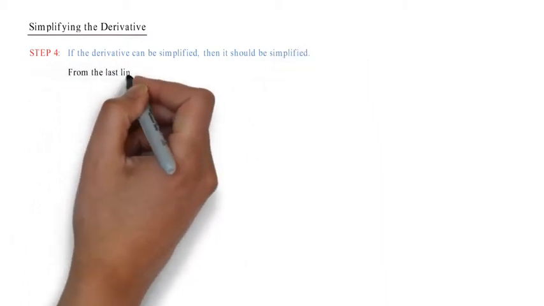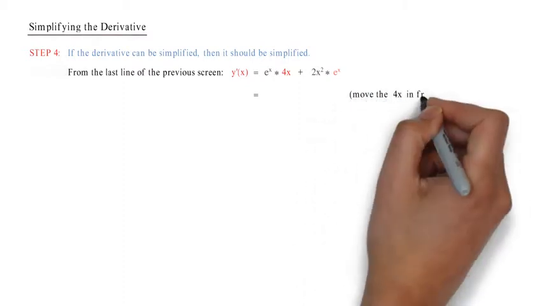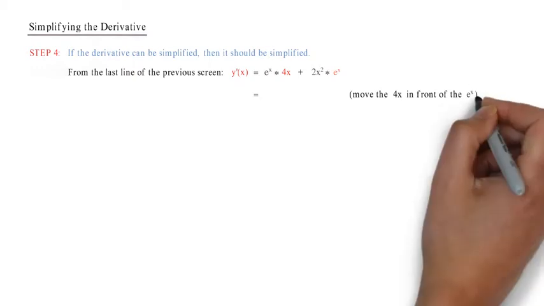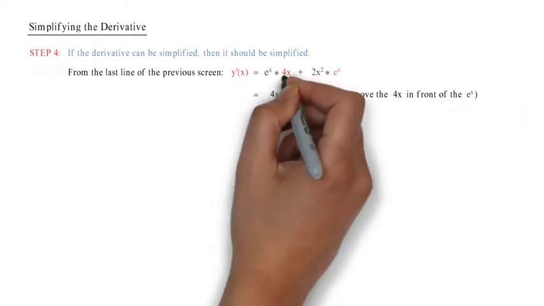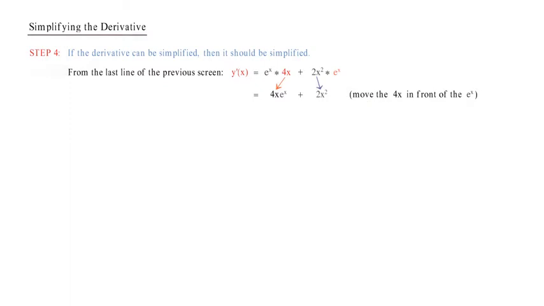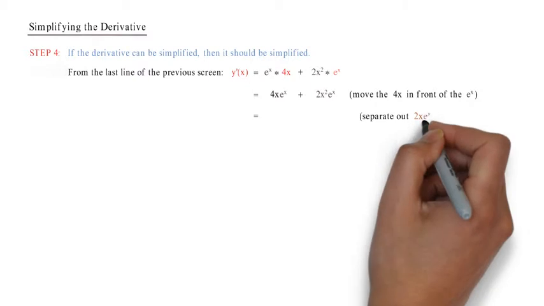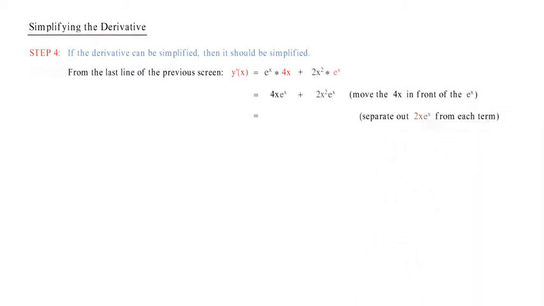From the last line of the previous screen, y'(x) equals e to the x times 4x plus 2x squared times e to the x equals, move the 4x in front of the e to the x, 4x e to the x plus 2x squared e to the x equals, separate out 2x e to the x from each term.